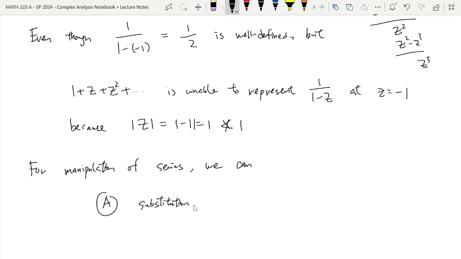Just like any algebraic theory, all the way back to even the theory of statements in logic, you can substitute a variable by another variable. And the way you substitute doesn't mean that you just change the name. You can even substitute an expression into it. And that's what we'll do now.